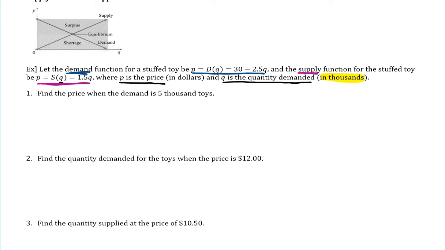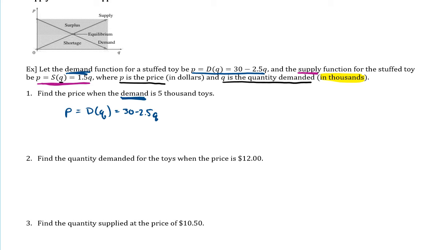In this problem, number one, they say find the price when the demand, so that means I want to deal with the demand function. So I've got my demand function, P equals D of Q equals 30 minus 2.5Q. Q is the quantity demanded, so we already have that marked, and P will be the price.